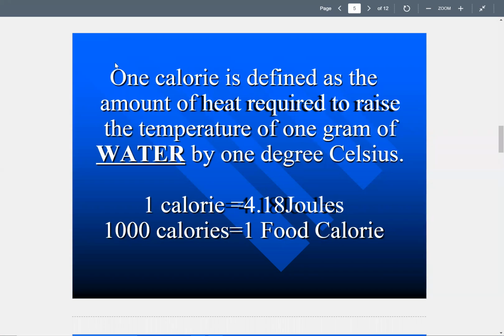Calories are used for water. That's why when we talk about food, we're usually interested in how the food is going to affect the human body. The human body is mostly water, so we can use calories. But for the sake of most chemical processes and physical processes, we're going to be talking about joules because they might not involve water.